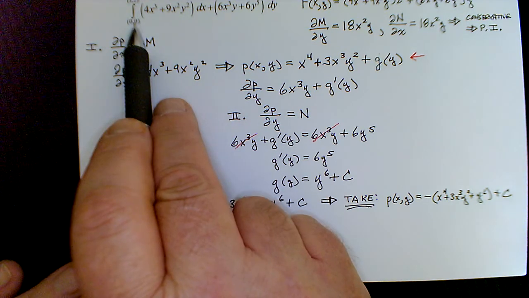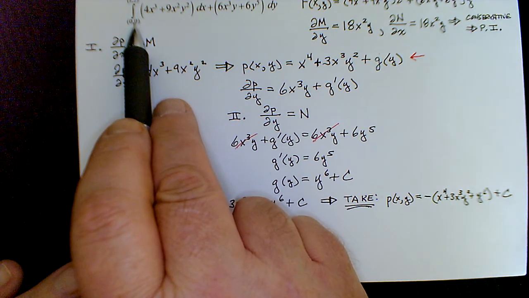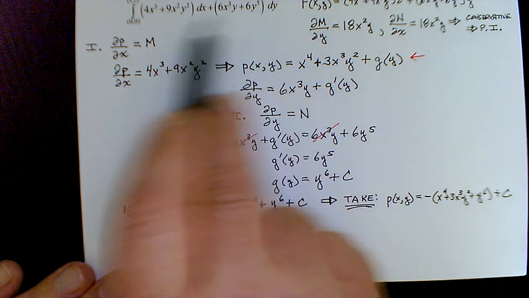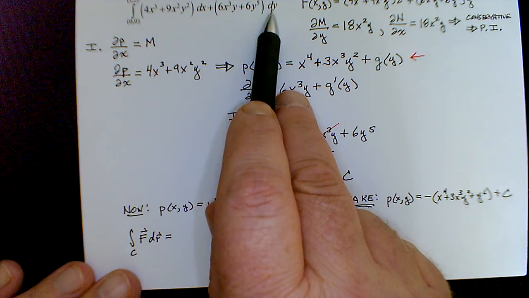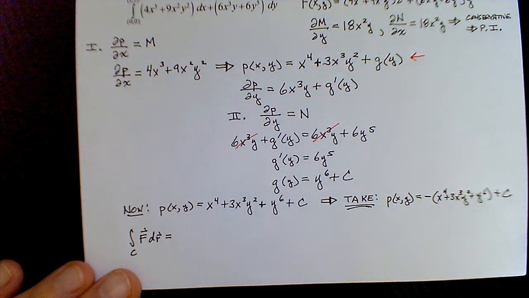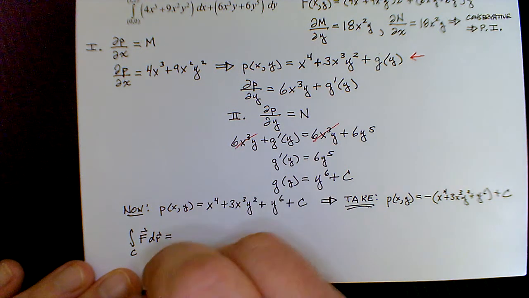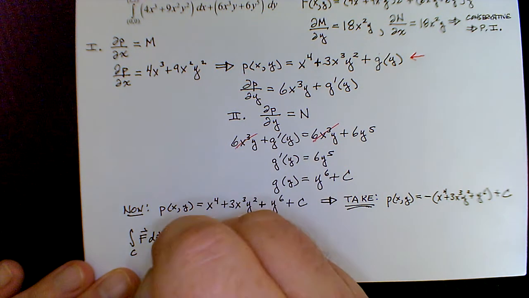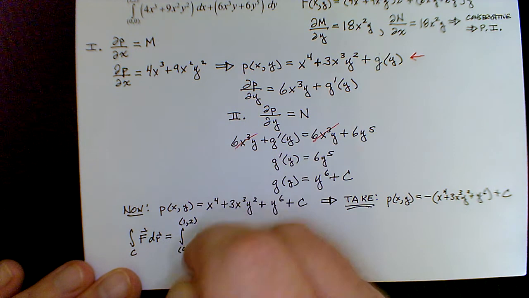We're going to do that in the next example. And then you can make substitutions and evaluate this integral formally. This would be a little bit cumbersome, so that's why we're just showing this one this way. But we'll see in the next example, a multi-part problem, that illustrates the idea. But now we could say that this is equal to the integral from 0, 0 to 1, 2 of all of this.